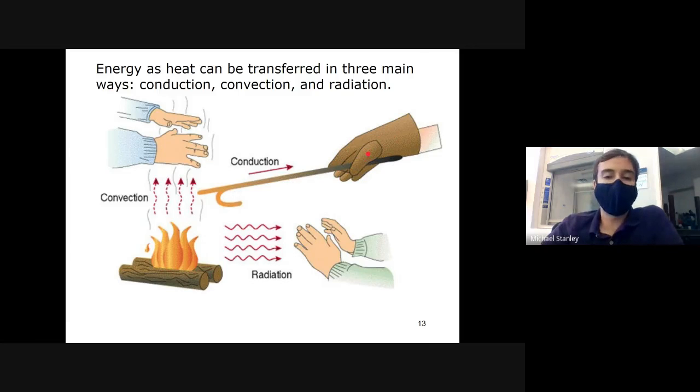Luckily, they're wearing a glove, so it goes from the rod to the glove, which does not let it go through to the fingers. But if this person was not wearing a glove, they'd be in for a bad time because they're physically touching the metal rod. The metal rod is hot, and so it's naturally going to move heat from the rod into your hand. If there's too much heat, you're going to get burned.